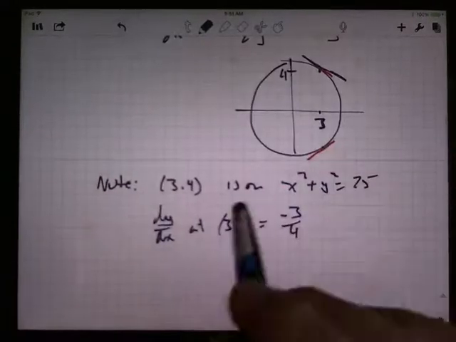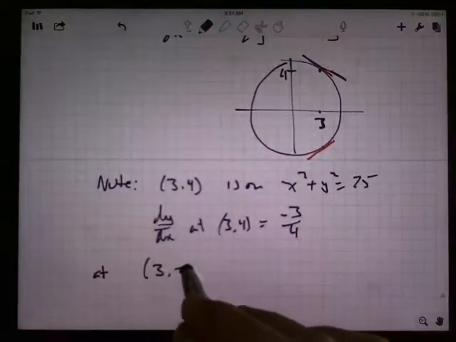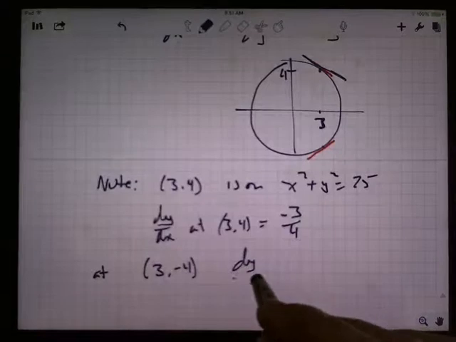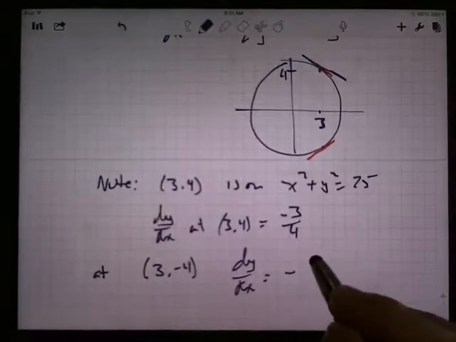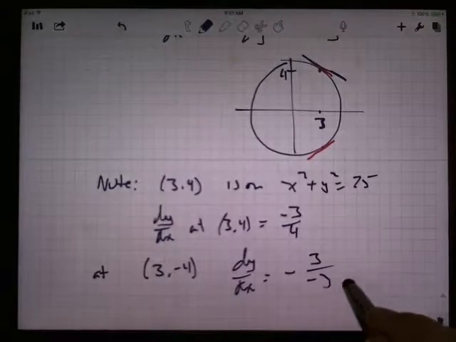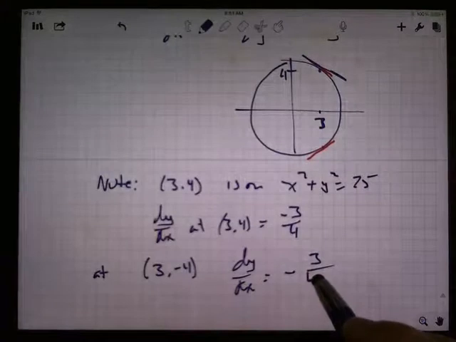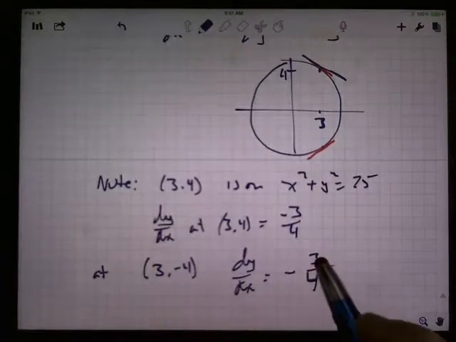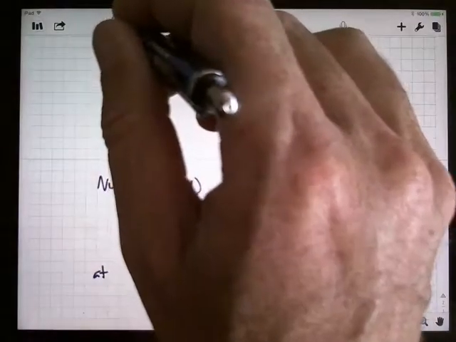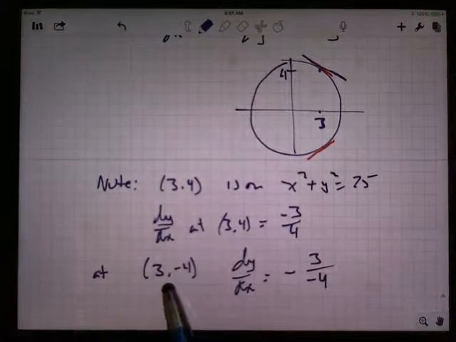If I look at this point down here, at (3, negative 4), dy/dx equals negative x over y. Let me think again.